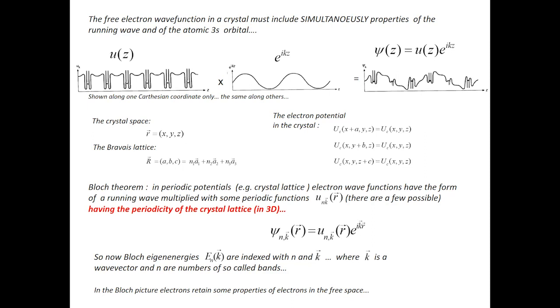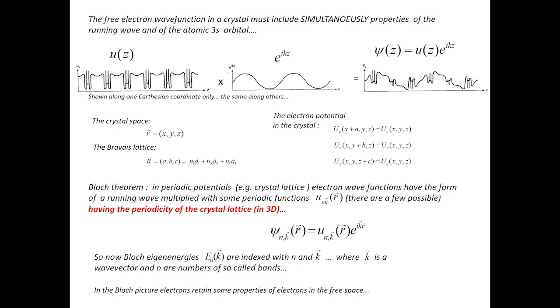So why don't we multiply this partial wave function, which we just figured out based on this simple attitude, with a running wave? That should be a wave function of the electron in the crystal.